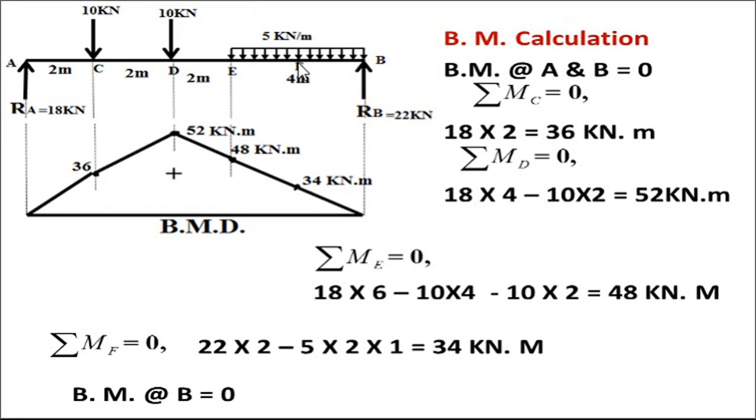Now the bending moment at this point F. The simple way is to calculate from this point or from the A point, no problem. If you find it from this point, it will be simple: 22 into 2, since we have to find it at the center. 22 into 2 is 44, minus 5 into 2 into 1, because we calculate at the center, the distance from the center of this 2 meter length is 1.